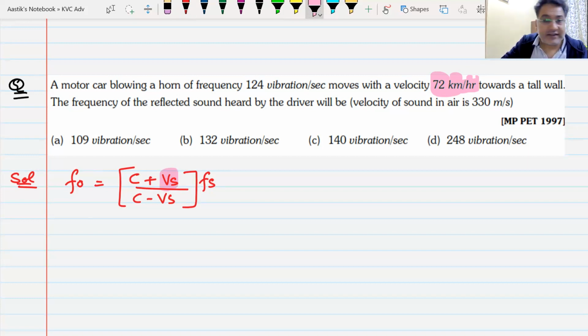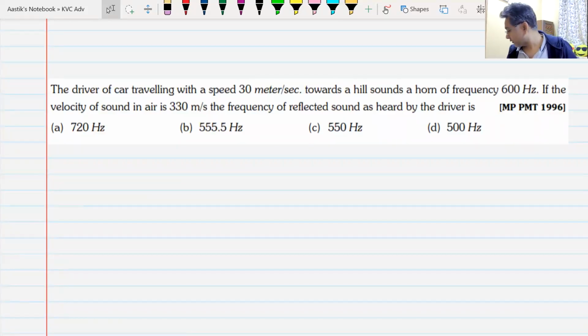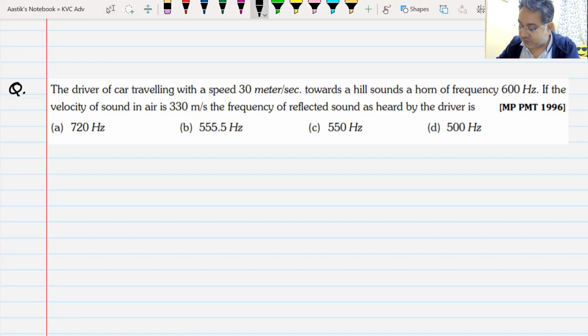This is the next one. Question number, I have forgotten, I'll call it 1. The driver of a car traveling with a speed of 30 meter per second towards a hill sounds a horn of frequency 600 hertz. If the speed of sound in air is 330 meter per second, what is the frequency of the reflected sound?